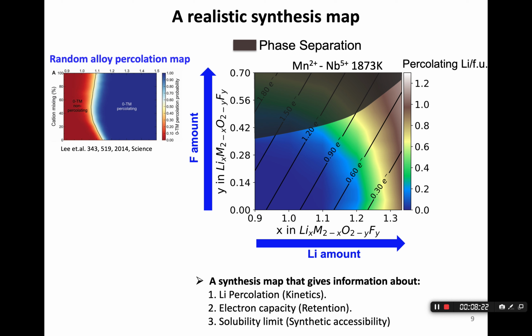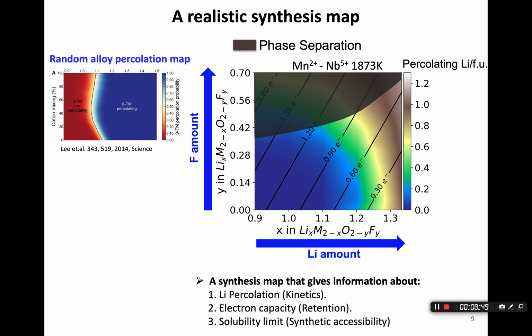Usually we tend to use solid-state synthesis to make those materials. So we can establish an equilibrium phase diagram at high temperature, which here I use 1873 Kelvin as a synthesis condition. And in that case, you will have phase separation in the shaded region, which suggests that you may not form the disordered rocksalt phase.